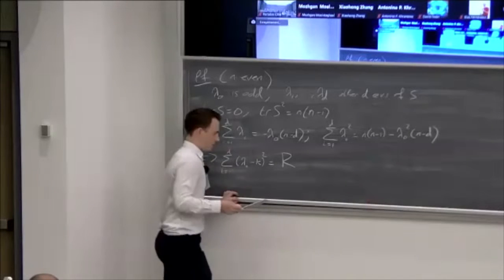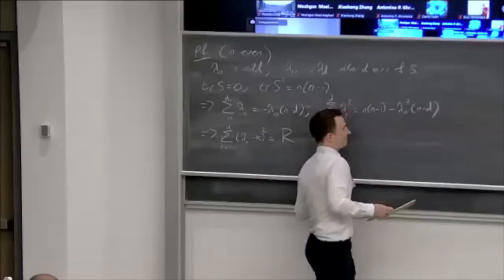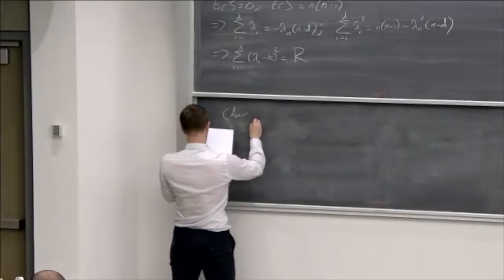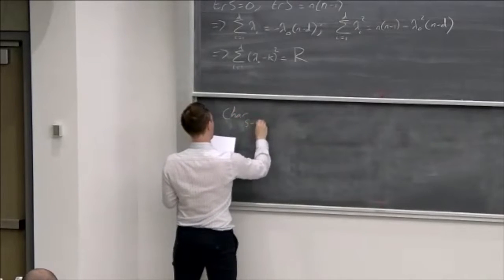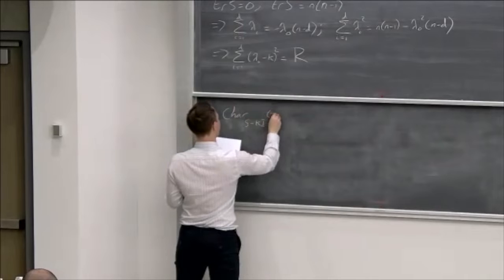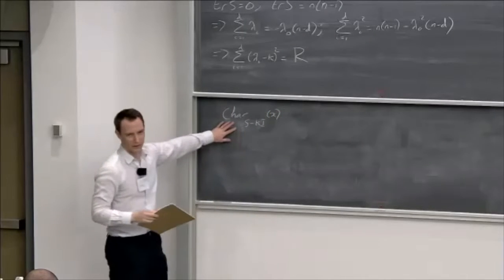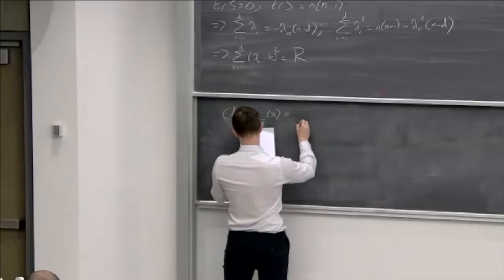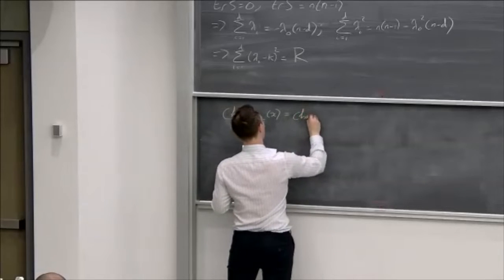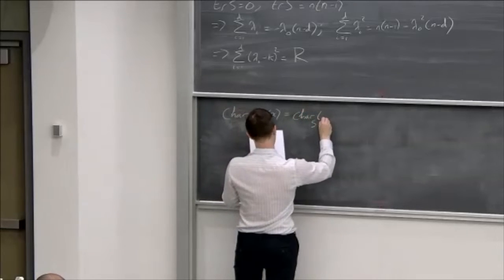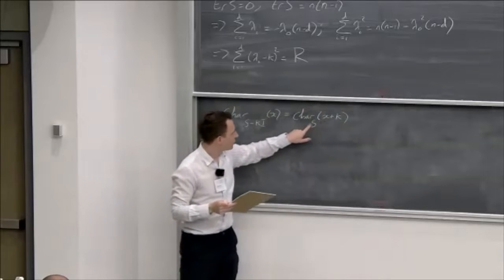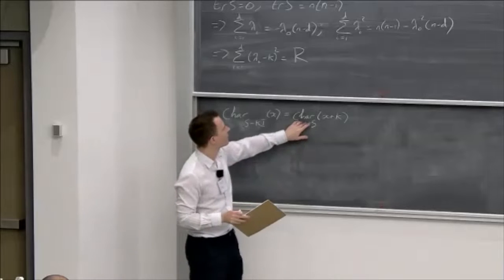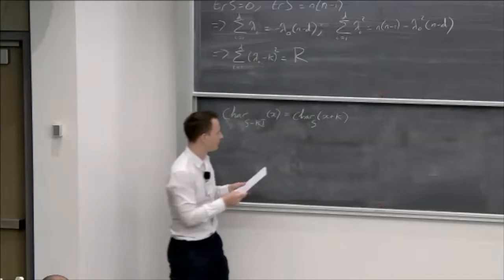Let me try to move this up a bit. Now consider the characteristic polynomial of S minus k times I. We can write that as the characteristic polynomial of S, where we shift. We know what this is because we've written down all the eigenvalues.